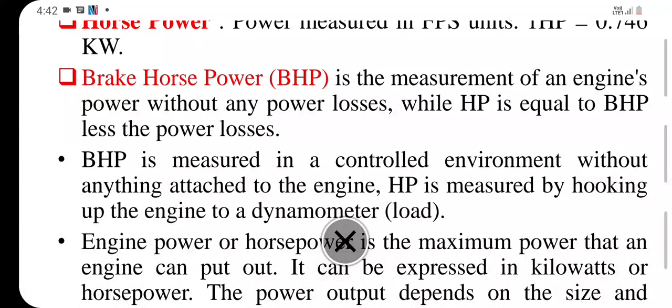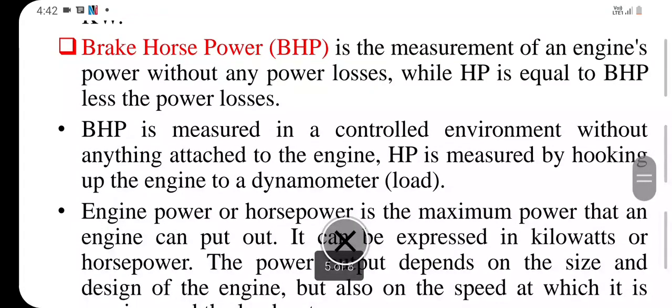This is the measurement of engine power without any power losses, while HP is equal to BHP less the power losses. BHP is measured in a controlled environment, without anything attached to the engine, with no load.